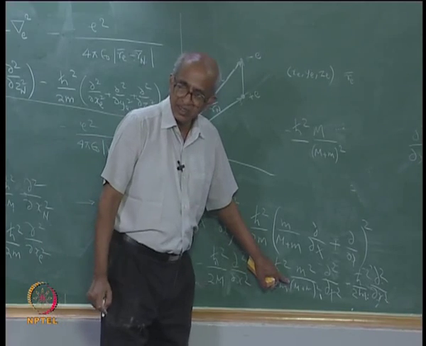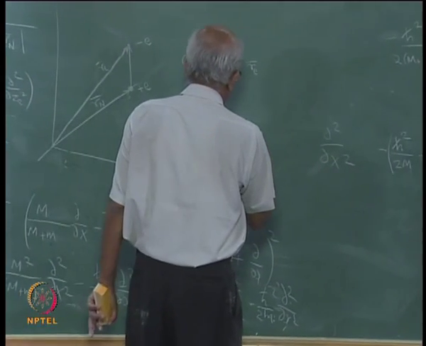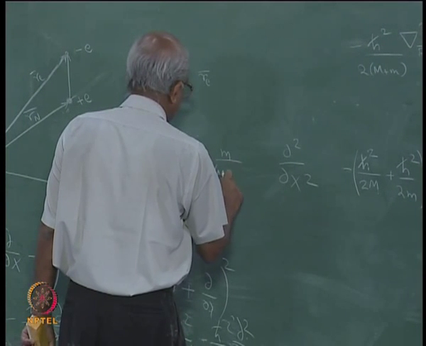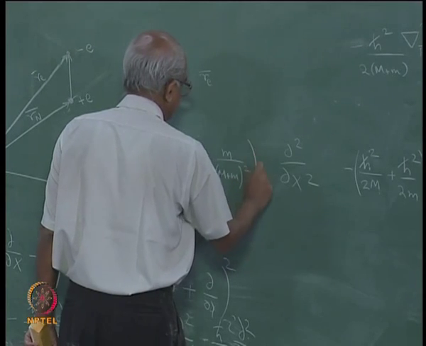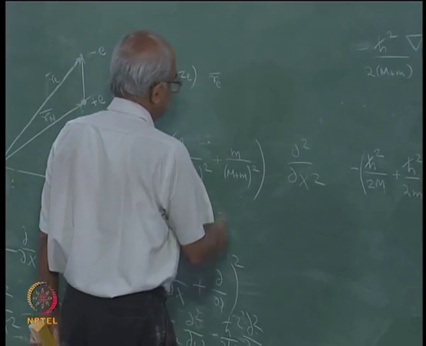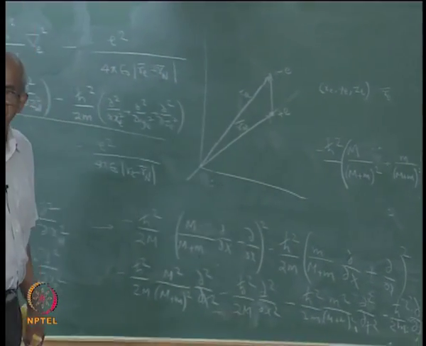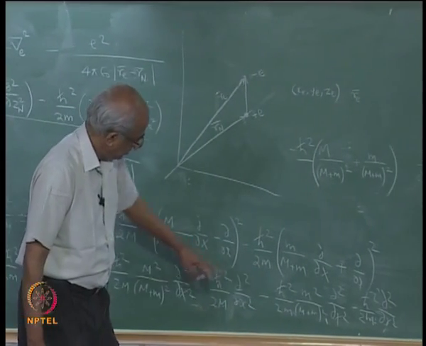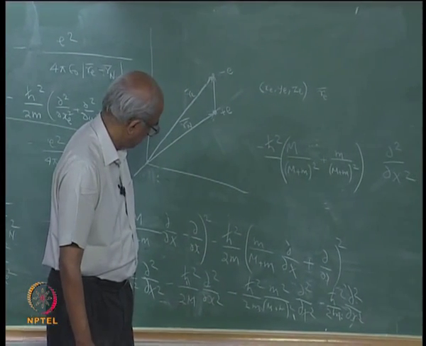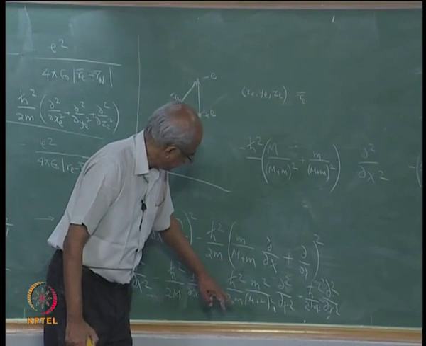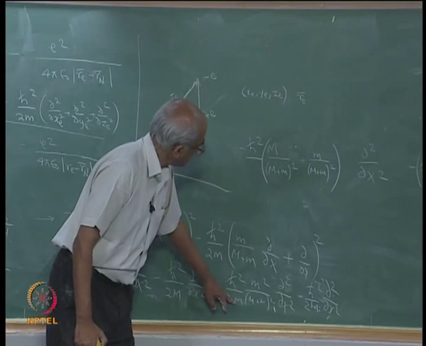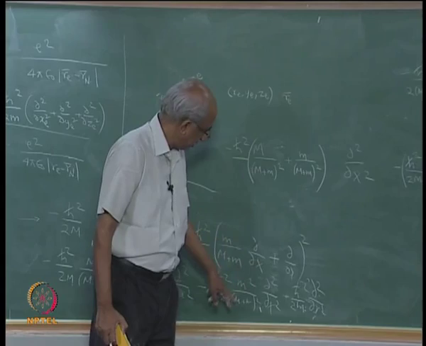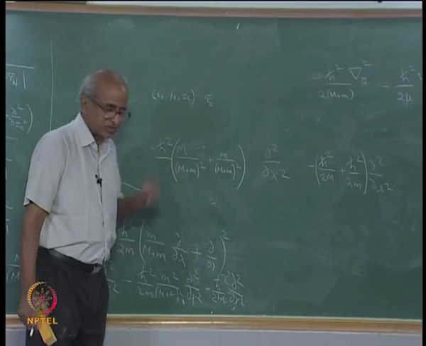Coming from here, it is similar, and it is going to be m divided by (M + m) the whole square. So, this is what happens, right. See, what has happened is, there is an m², that m² and this m will cancel. So, you will be left with an m, and that m is the one that is occurring there, and that will be divided by (M + m) the whole square.